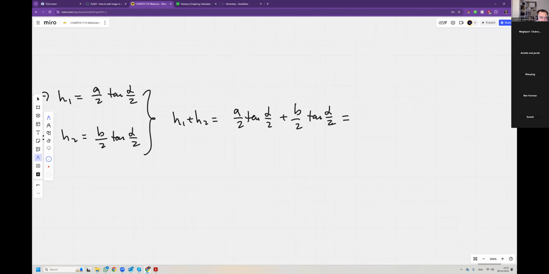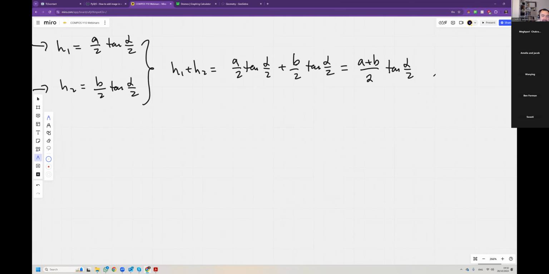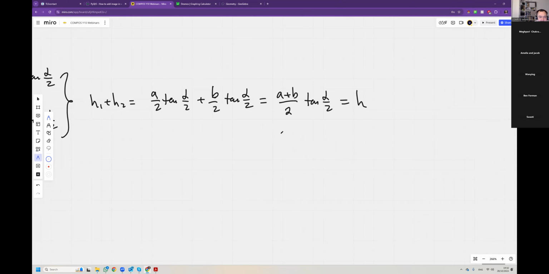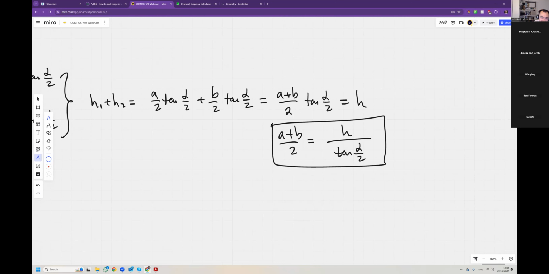Therefore, that is A plus B over 2 tan alpha over 2, and that's equal to H, of course. And that means the midline, A plus B over 2, is H divided by tan alpha over 2. That is the midline.